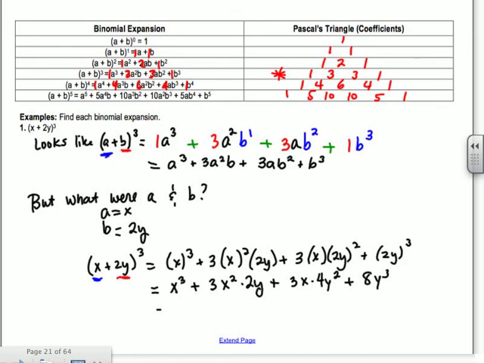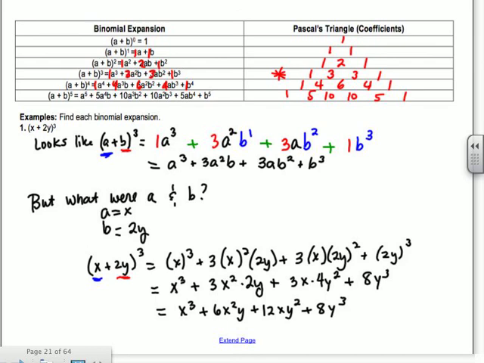So we get x cubed plus 6x squared y plus 12xy squared plus 8y cubed. So notice how we don't have those coefficients anymore. We don't have 1, 3, 3, 1 anymore. They've changed because we've been squaring something other than just a and b. The b was a 2y, so it's changing the numbers. All right, does this make sense? Do you guys understand kind of what we did?